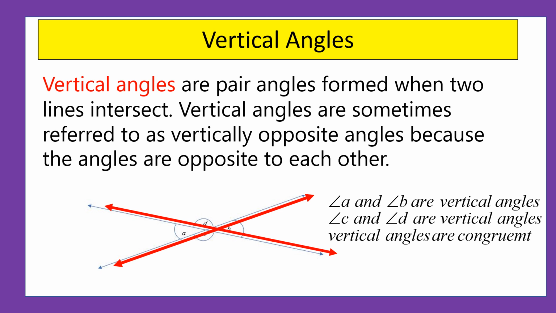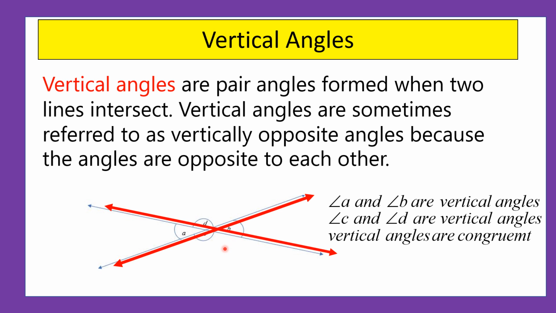Vertical angles are a pair of angles formed when two lines intersect. Vertical angles are sometimes referred to as vertically opposite angles because the angles are opposite to each other. So we have angle A. Angle A and angle B are vertical angles.